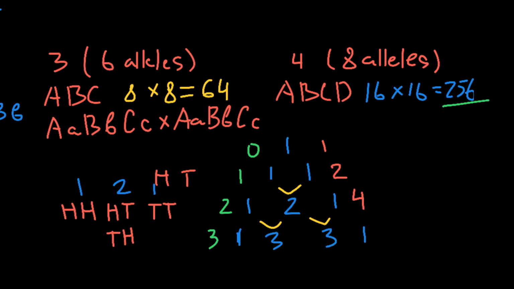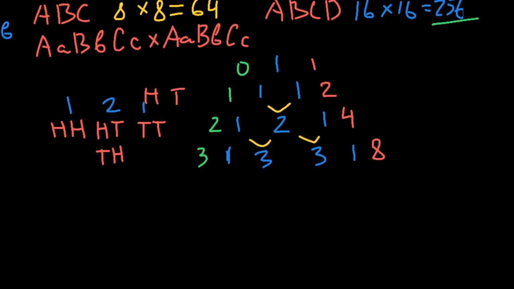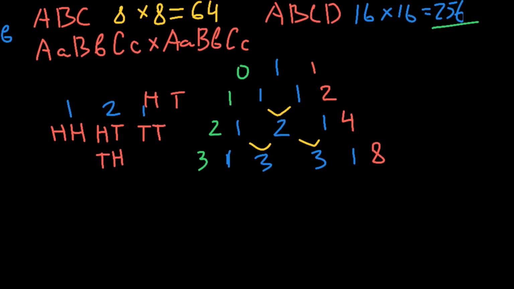So now I hope you understand the logic. I'm not going to explain every row that we would finish here, and basically what we are looking for is the number of combinations that would produce 256 combinations here on the side.